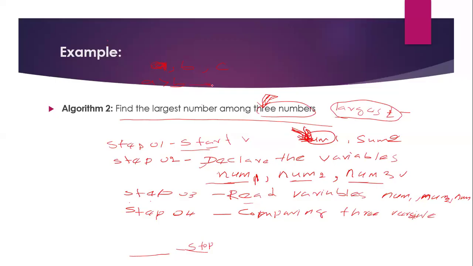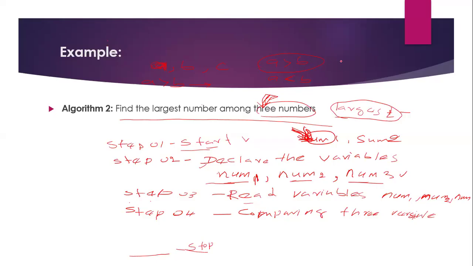Then there can be two situations: A greater than B or A less than B. Now I take first A greater than B. Otherwise, A less than B. There is no other possibility.